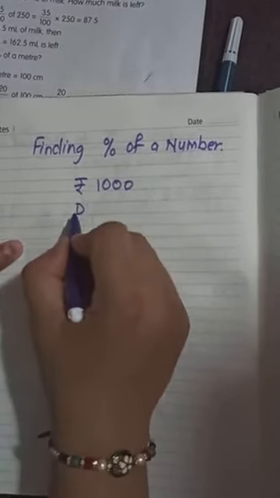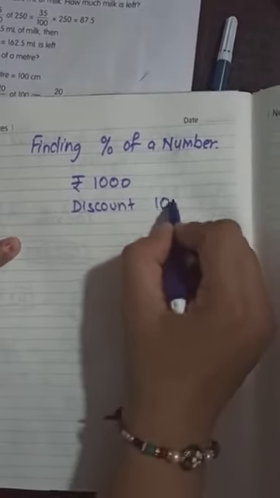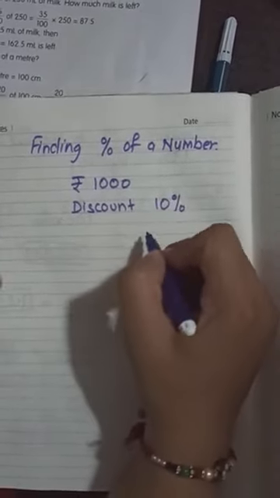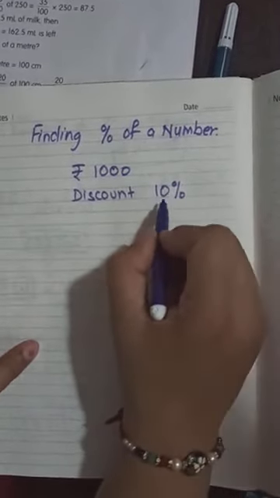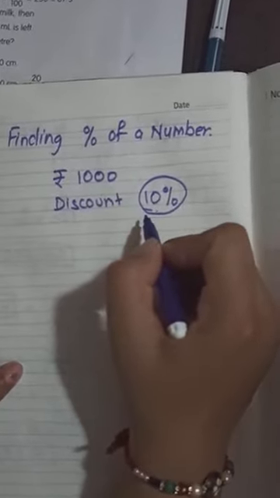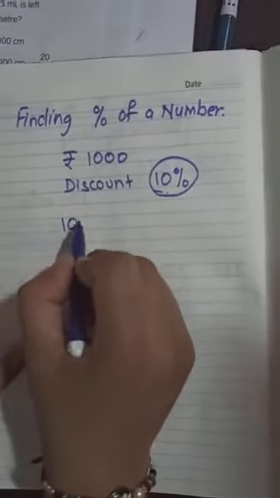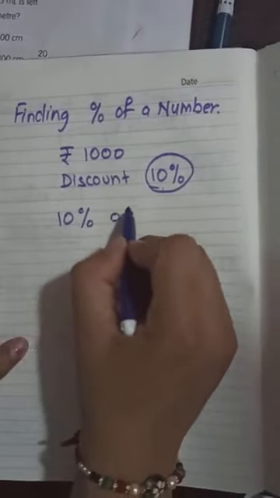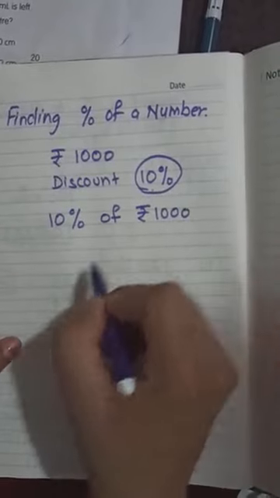Later I came to know that I am being provided a discount of 10%. That means the store manager is going to give me an off of 10%. How will I come to know how much less I have to pay? So we will calculate 10% of rupees 1000.